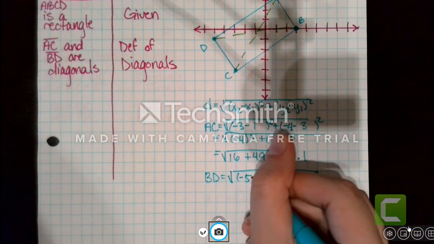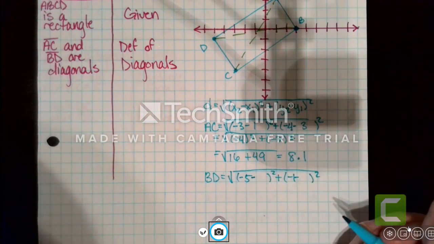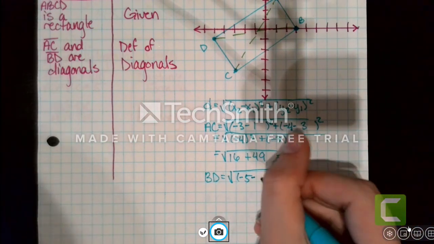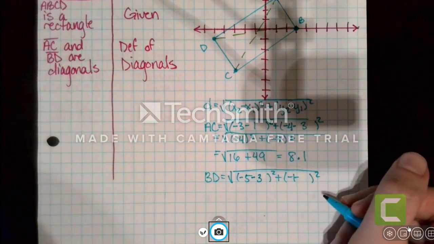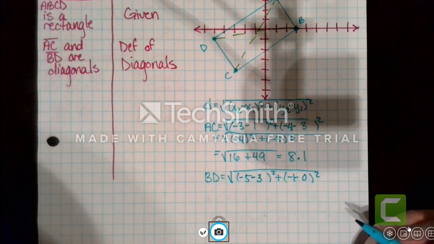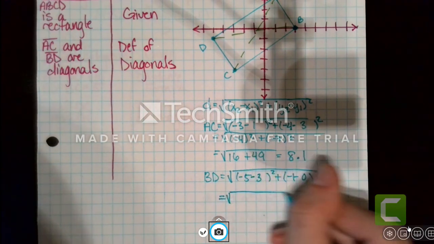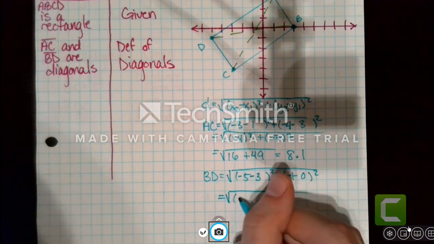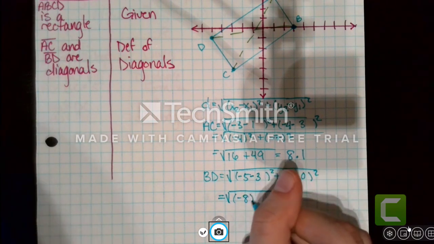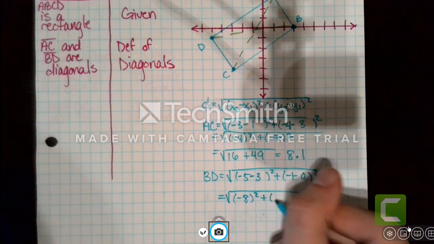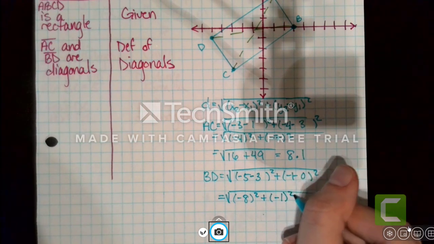Next, we'll take the difference of our x and y for B. Our x value for B is 3, and our y value for B is 0, which means that we have the square root of negative 8 squared plus negative 1 squared.